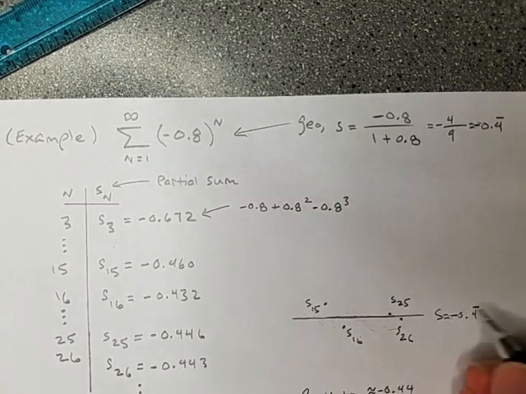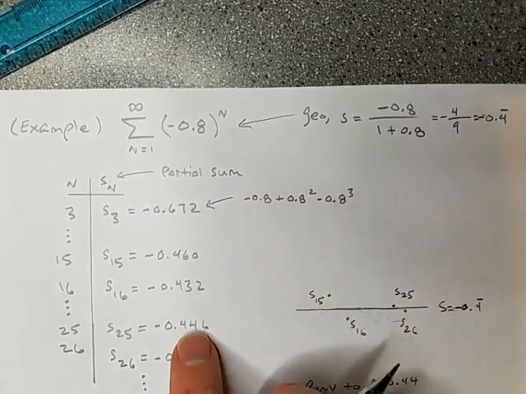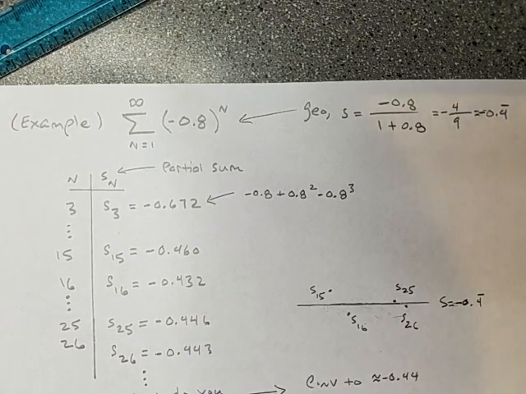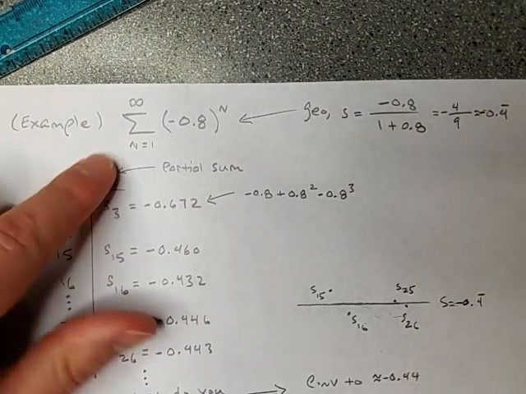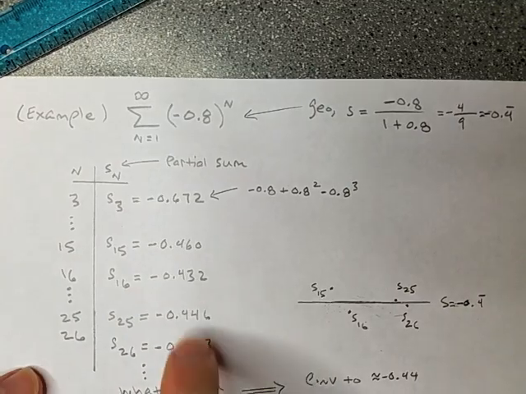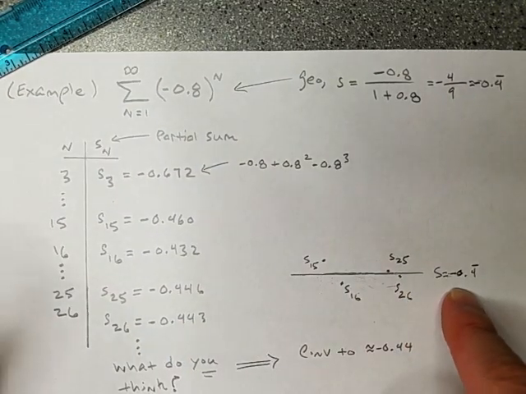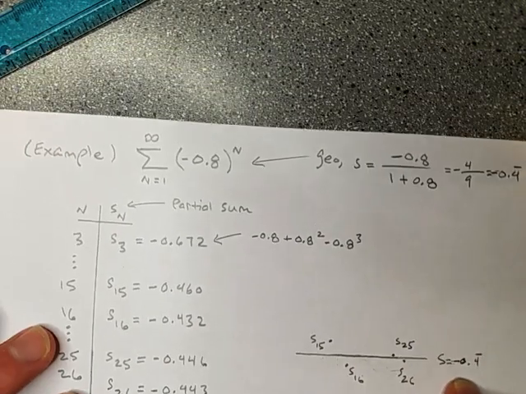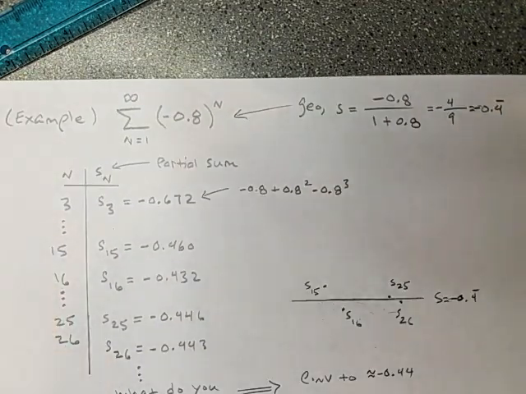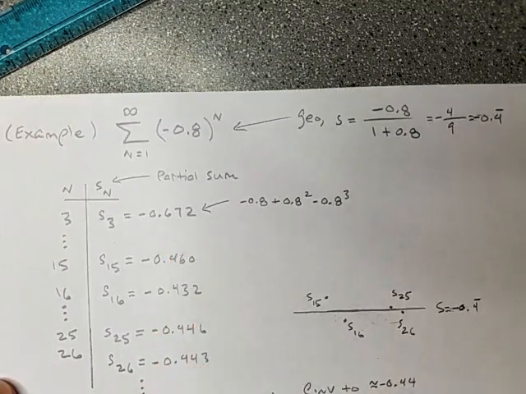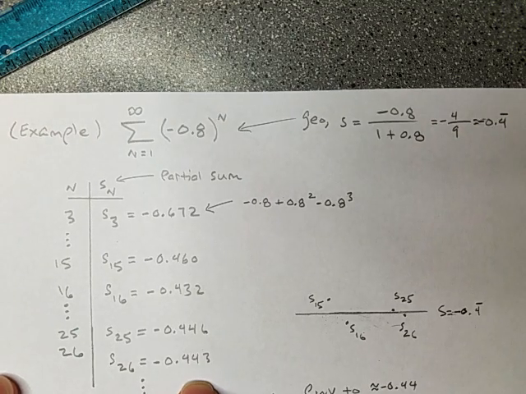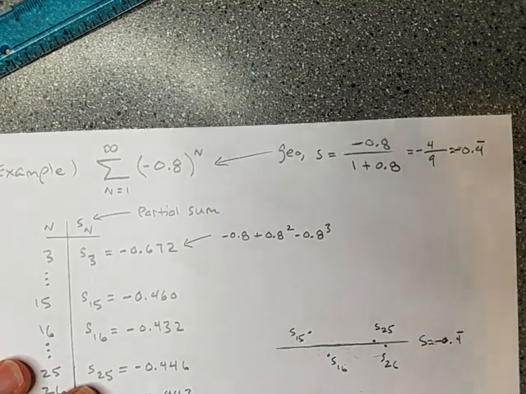Being a little too high, and then a little too low, and then a little too high, and then a little too low. That's the nature of this series, being an alternating series. That's how the partial sums approach the sum, S, okay? But again, I wanted you to just look at the numbers and get a feel for what it means when we say a series converges, okay?